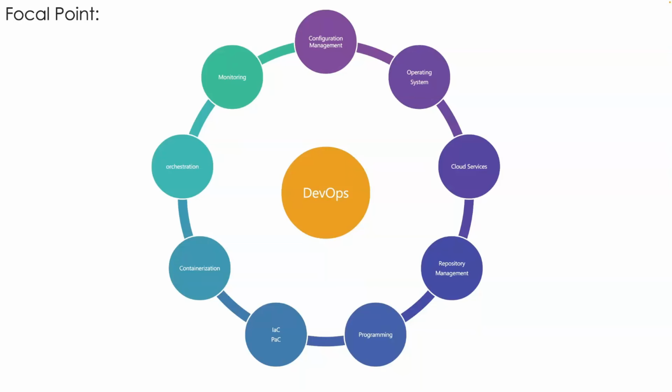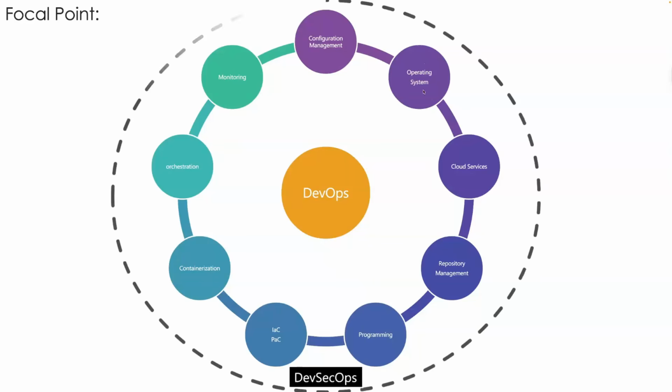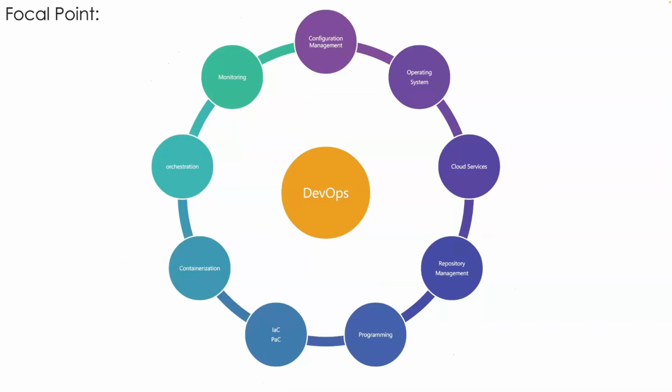So what are the different things we will cover in this course? Firstly, the DevOps. We'll talk about operating system. So being a DevOps engineer, you need to know how to run Linux commands, Unix based commands, because most of the tools in DevOps are Unix based. Okay. So we are not learning Linux for sure.